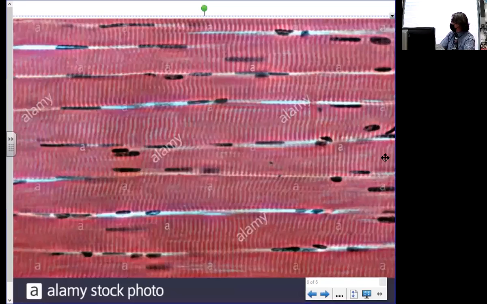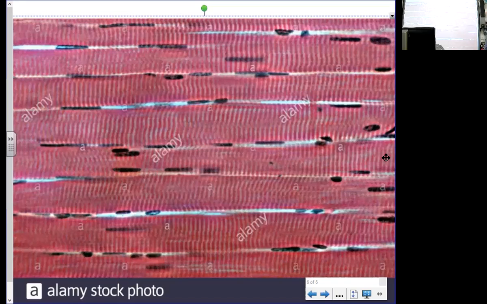All right, big, nice, beautiful picture of skeletal muscle there for you. What do you notice? Little grooves in it. And those grooves have a name. Okay, very good. They're little grooves.